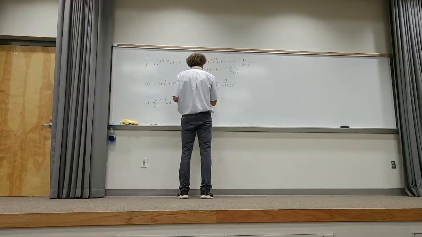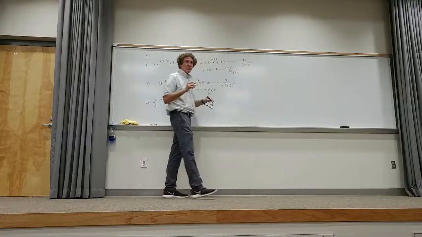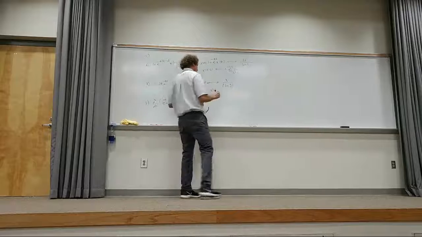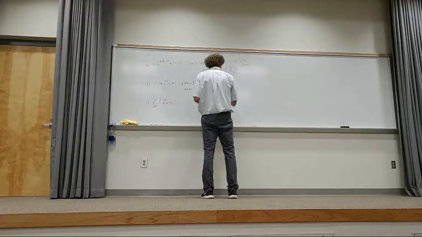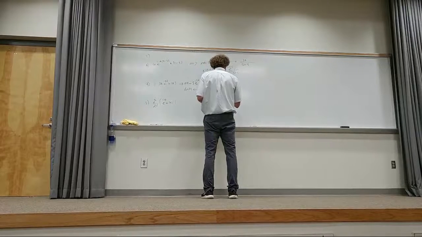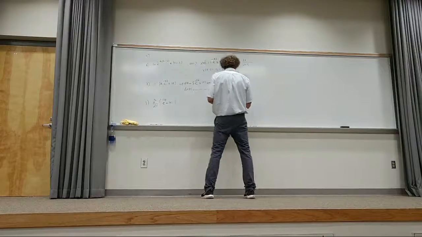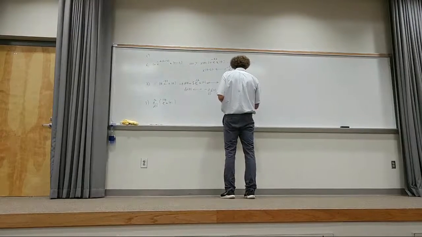Class? Minus d ds of x of s. Do we agree with that, everyone? When you do that, you end up getting 3 times s plus 3 squared with a minus, or minus that, which is simply equal to 3 over s plus 3 squared.